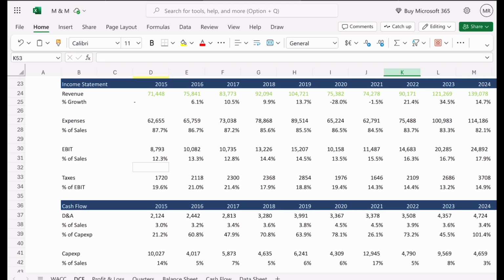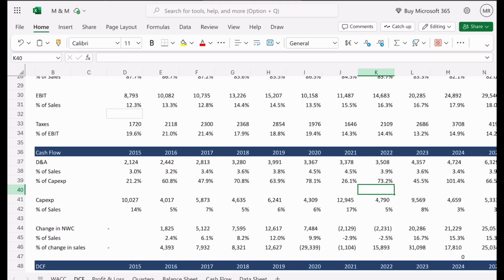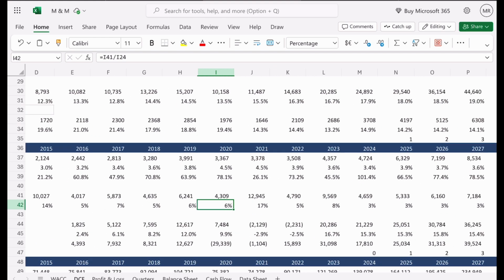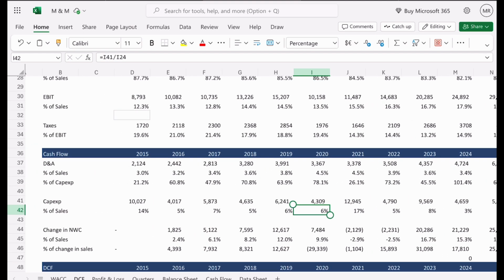The one thing I wanted to share with you is the capex part. A company like Mahindra spends around 6%. In 2019 it was spending around 6%, and 2020, 6%. But they recently started increasing their capex.